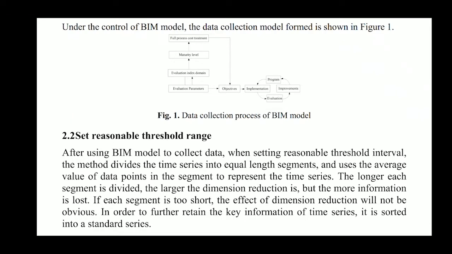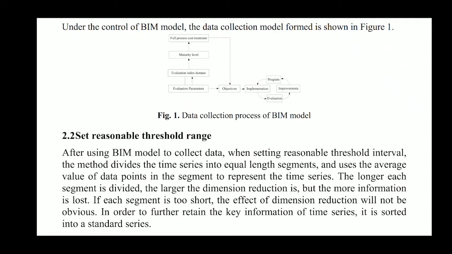After using BIM model to collect the data with a set reasonable threshold interval, the method divides the time series into equal length segments and uses the average value of data points in each segment to represent the time series.